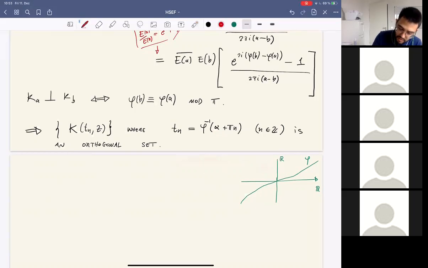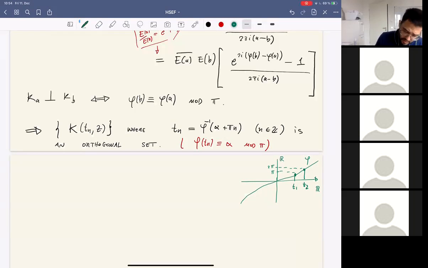So this is the same as saying that phi of T_n is congruent to alpha, so the points that realize that. So the picture here is to take those points, and this would be like the T1, this would be like the T2, and this would be like pi, and this would be like 2 pi. Okay, so this is how you construct those nodes.